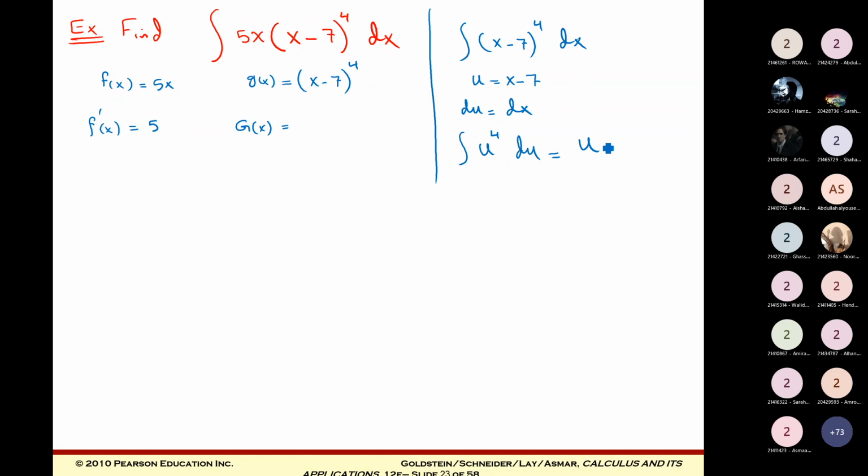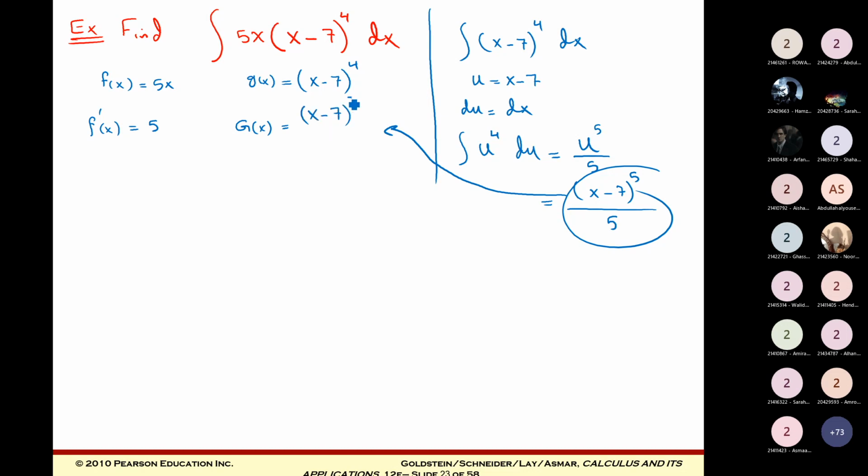So this is u to the power 5 over 5, and the value of u is x minus 7. So this is x minus 7 to the power 5 over 5.